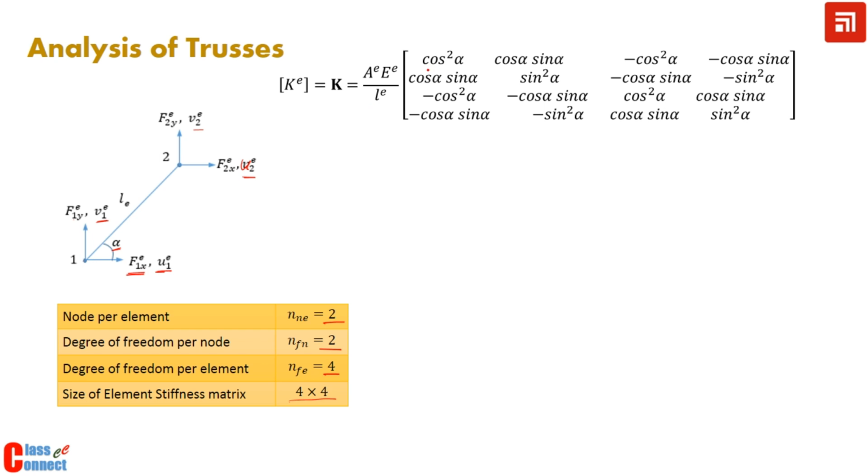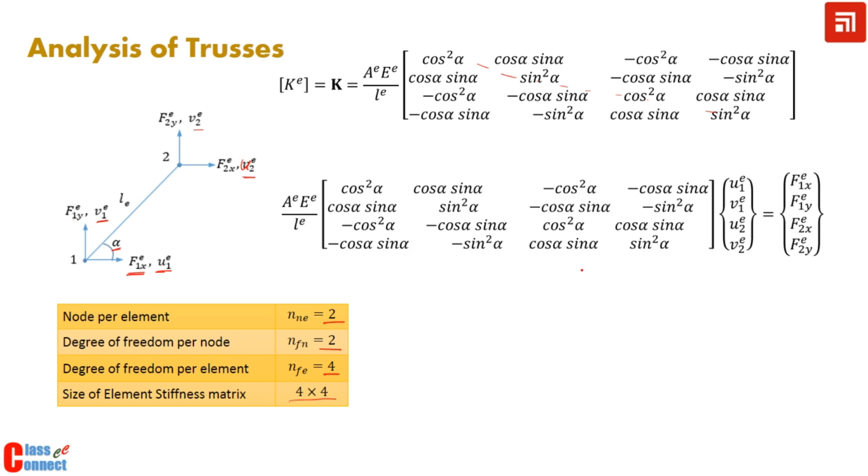So we can see here it is cos square alpha, cos alpha sin alpha, minus cos square alpha, minus cos alpha sin alpha, and it is symmetrical about this diagonal, as is a property of the stiffness matrix. So this is the form of the element equation of a truss element.